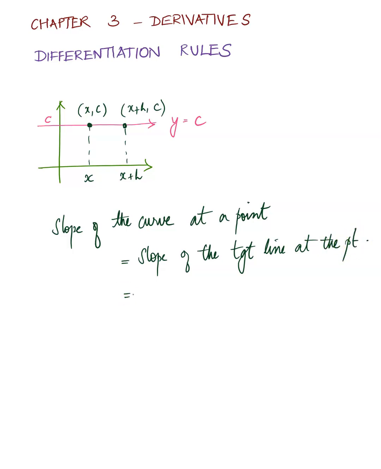And we see that here, if my point of interest was x comma c, the tangent line there will be that horizontal line, right? So it's the slope of the horizontal line because the tangent line coincides with the pink graph itself. We know the slope of any horizontal line is 0.